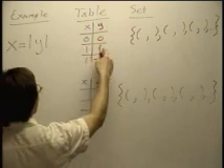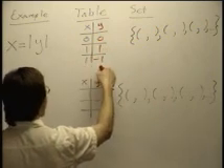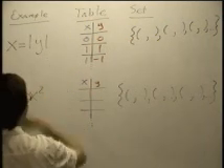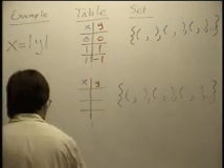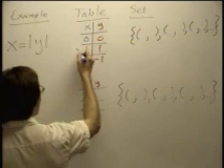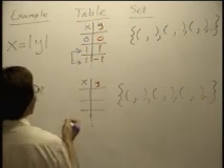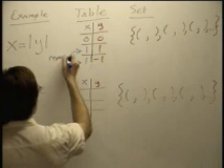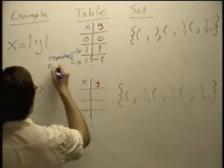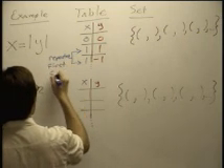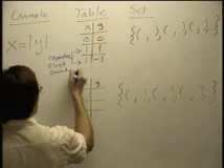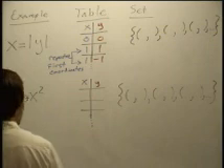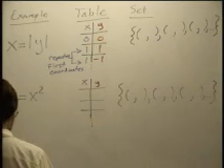But then when we get to 1 is paired with 1 and 1 is paired with -1, that split that prevents this from being a function, what we notice is repeated first coordinates. And that is how you can tell on a table that the relation is not a function.